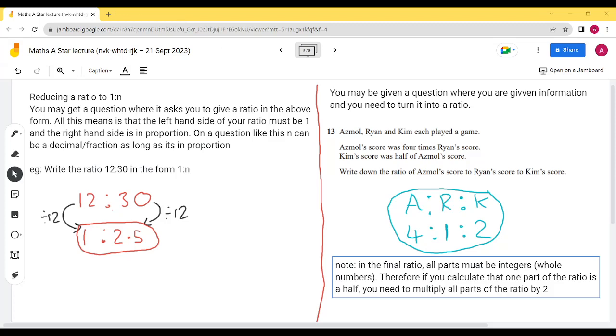All right. So just going to show one more type of thing with ratios here. And again, this is a skill that will come late in the exam if it comes at all.